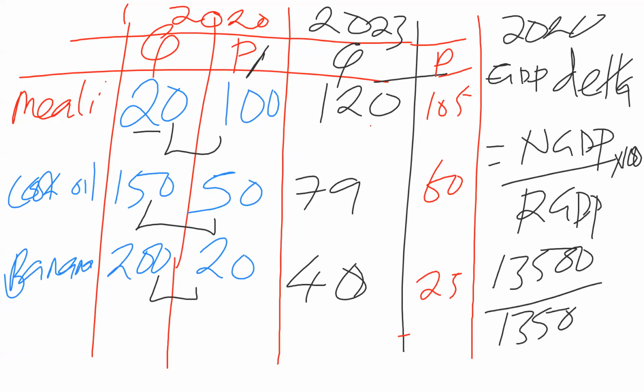It is still the same answer, right? Times 100. So it gives us 100% as the GDP deflator for the base year. Just like the CPI is 100% for the base year, even the GDP deflator is 100% for the base year, which means that the prices have not changed in the same year. Like the change in prices is zero.